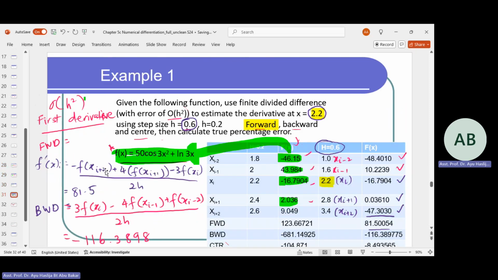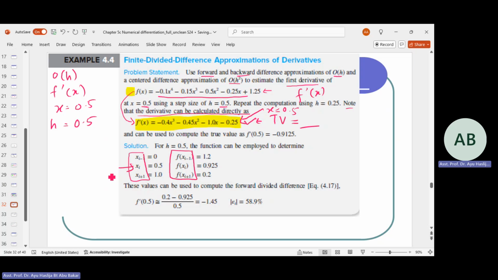So this is your xi plus 1, and you need another one, xi plus 2, which is 1.5. Repeat the same thing. Clear the concept on how to find your x and f(x).